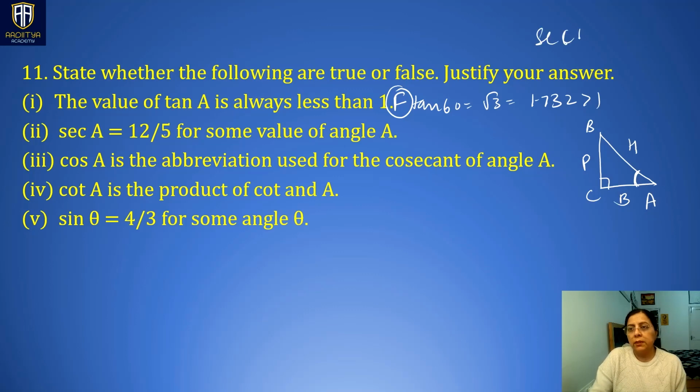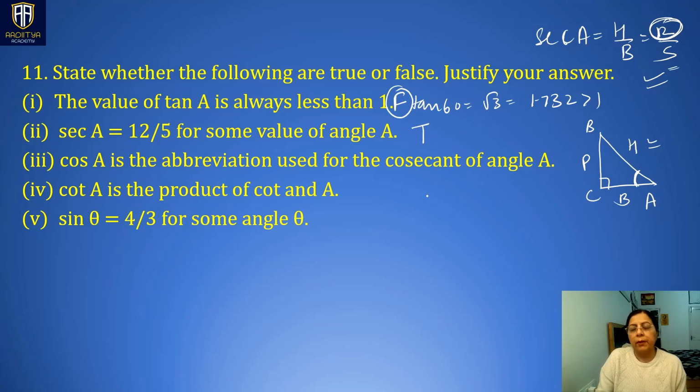Secant of A is hypotenuse upon base, and we know that hypotenuse is the longest side. So if this is given to be 12 by 5, the numerator is greater than the denominator, that means hypotenuse is the longer side as compared to base. As long as this is true, it is true.